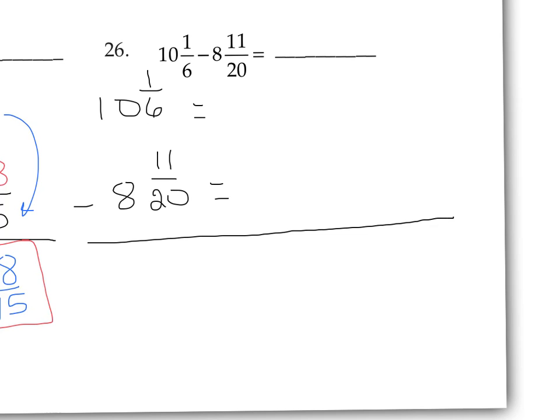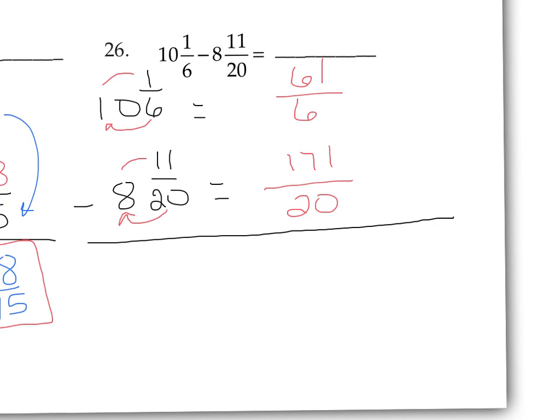So I'm going to go ahead and change them to improper fractions. Don't forget, multiply, then add to make an improper fraction. So 6 times 10 is 60, plus 1 is 61. The denominator is always the same. 20 times 8 is 160, plus 11 is 171. The denominator is 20.